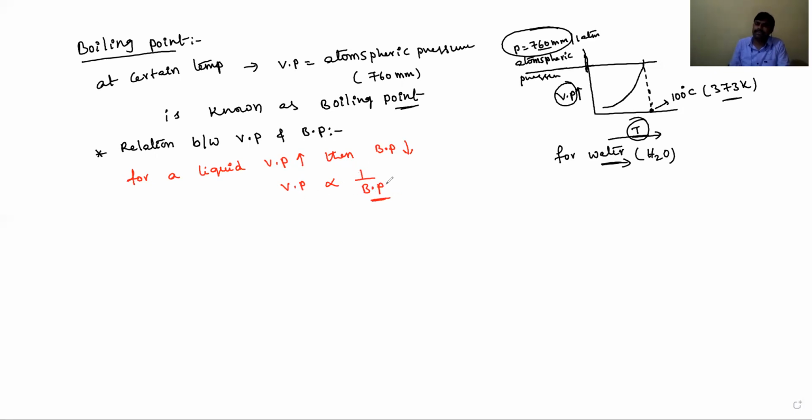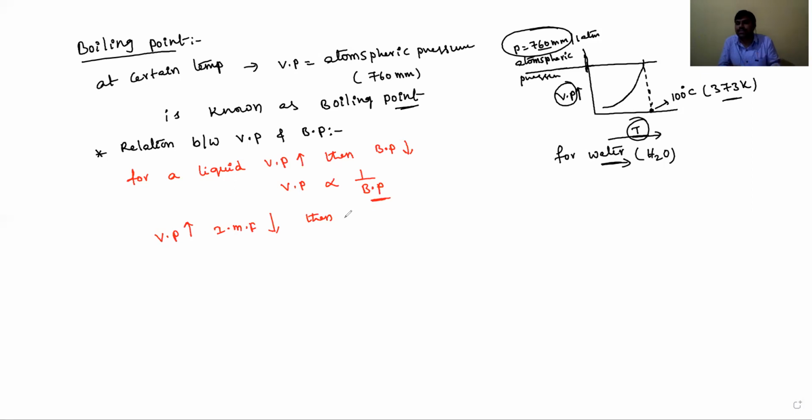Why is vapor pressure inversely proportional to boiling point, dear students? Because if vapor pressure increases, it means intermolecular forces are decreasing. Decreasing intermolecular forces means liquid molecules are easily converted into vapor state at lower temperature.